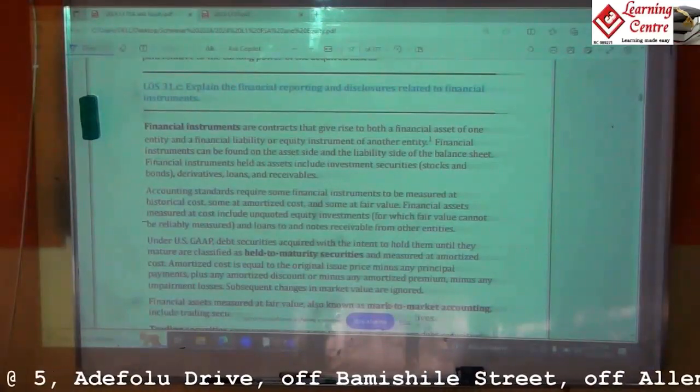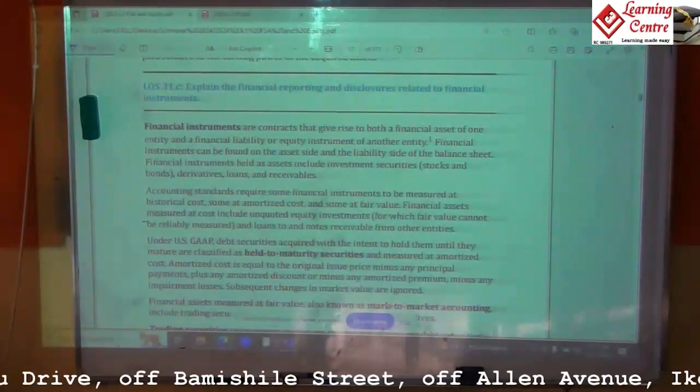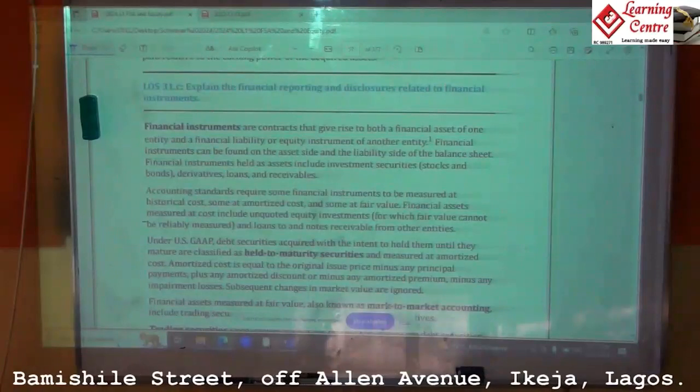For property, plant, and equipment, IFRS uses the cost or revaluation model to value property, plant, and equipment.